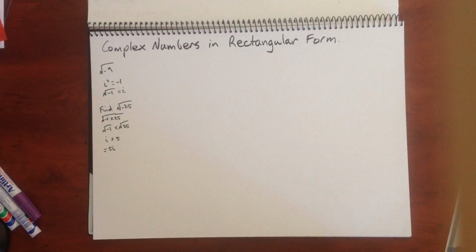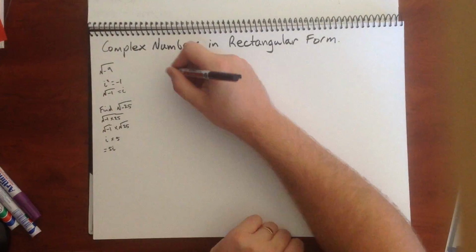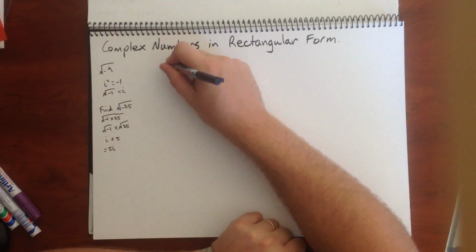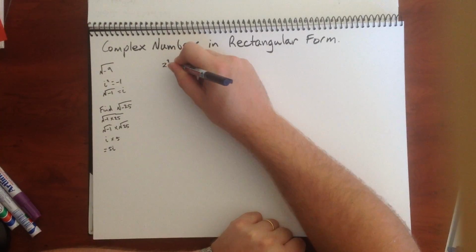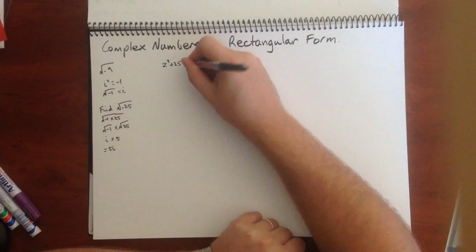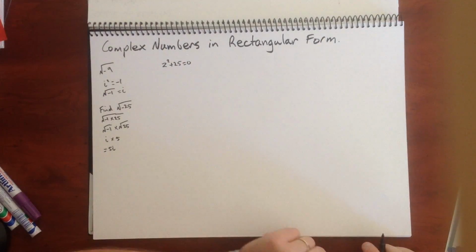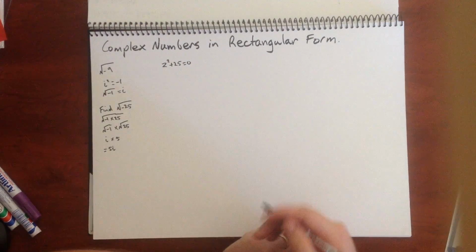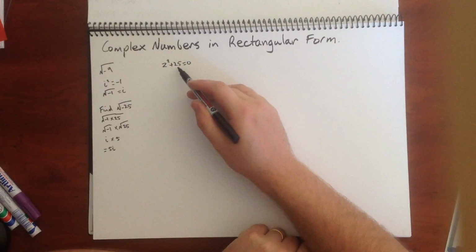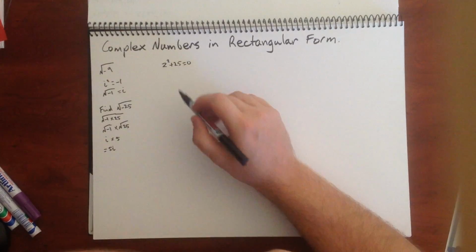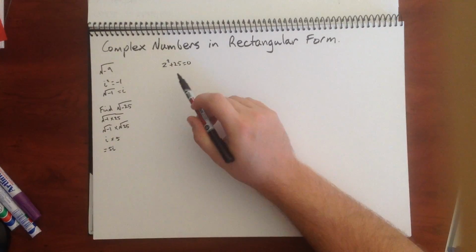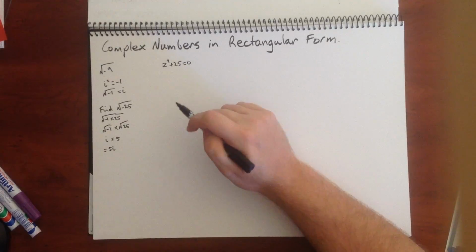The other thing we can do is look at solving the equation z squared plus 25 equals 0. We can think of this as the difference of two squares.